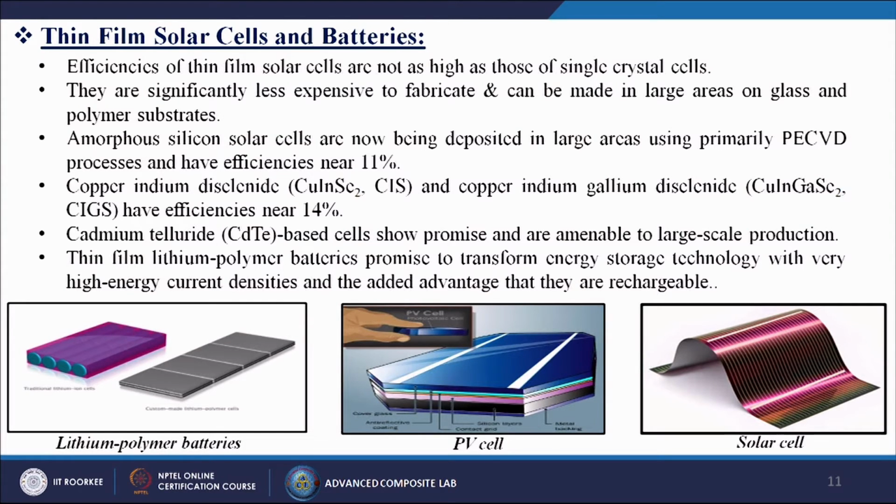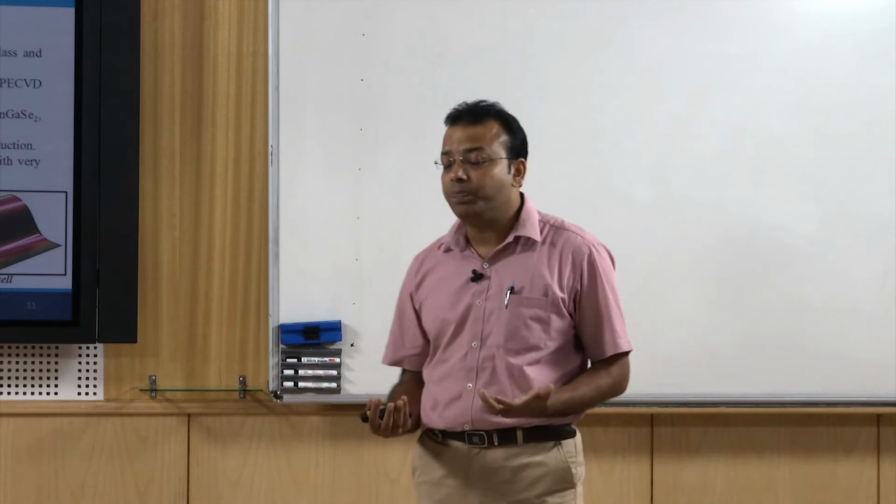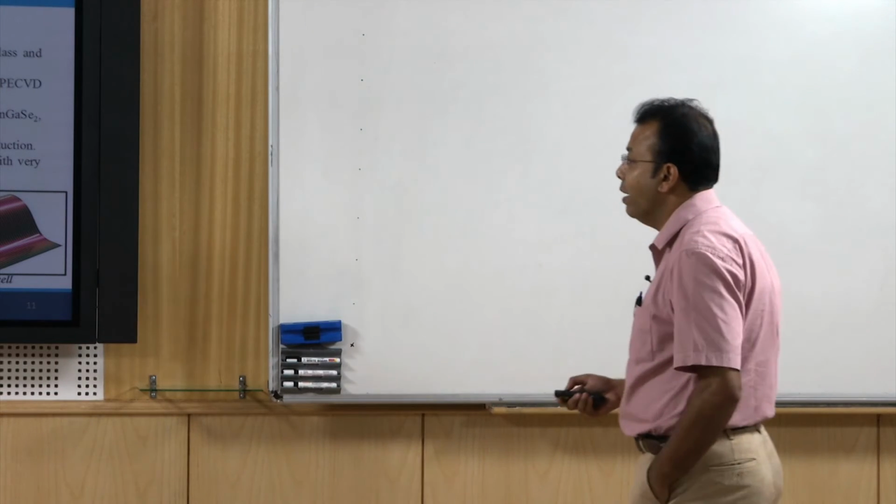Amorphous silicon solar cells are now being deposited in large areas using primarily the PECVD process and have efficiencies near 11%. So the main drawback of making any kind of solar cells is the efficiency. So the scientists and researchers are trying to enhance the efficiencies of these solar cells by using this kind of coatings, by using different types of materials to enhance the efficiency level.